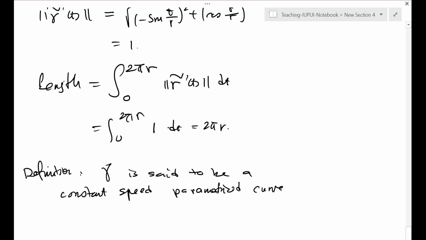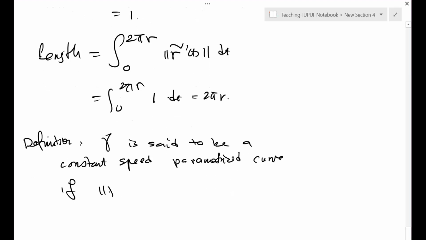This curve is actually just a map, it's not the object. If the norm of gamma prime equals a constant, that means the tangent vector has constant length.